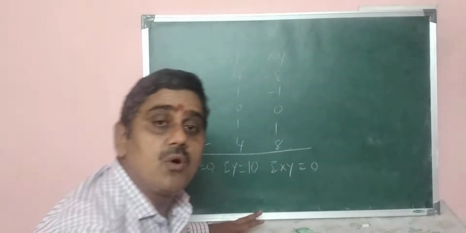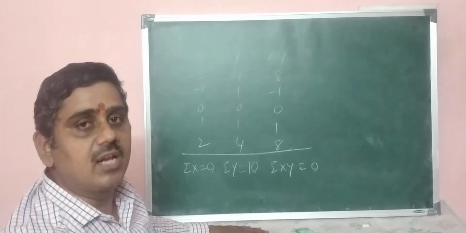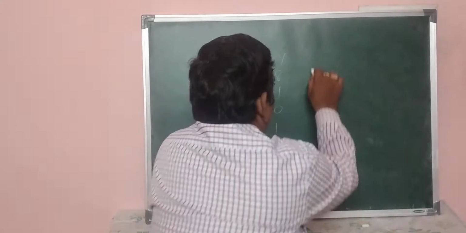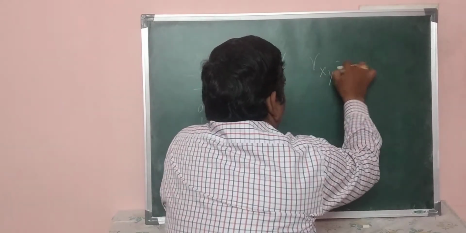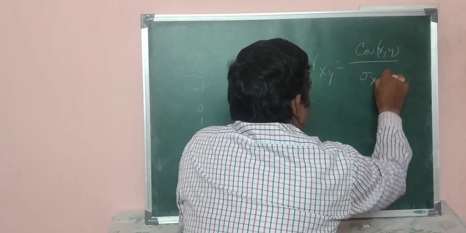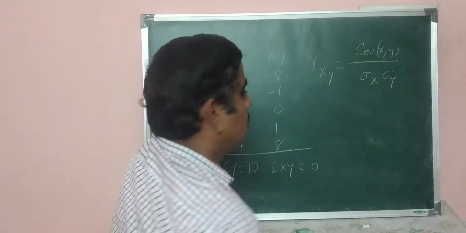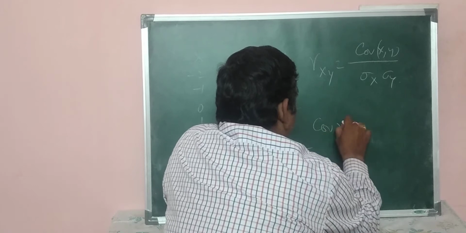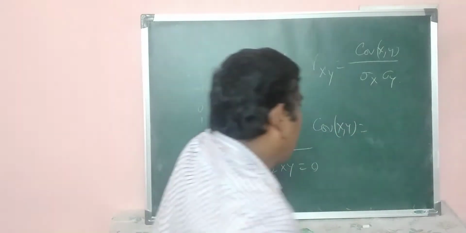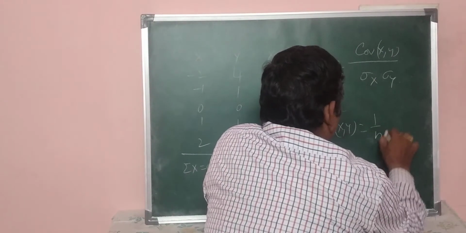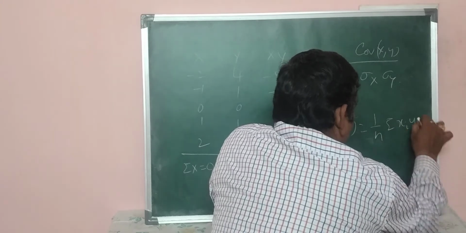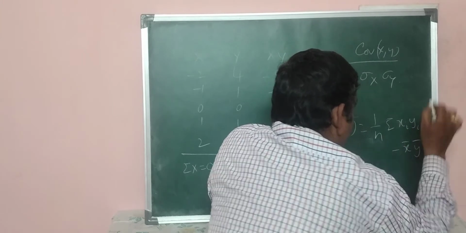To calculate the correlation coefficient, I calculate the covariance of x and y. Rxy is the covariance of x comma y divided by sigma x sigma y. This is the formula. The covariance of x comma y is equal to 1 by n summation xi yi minus x bar y bar.